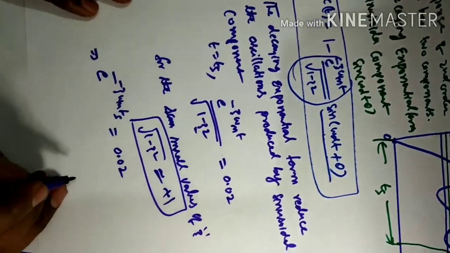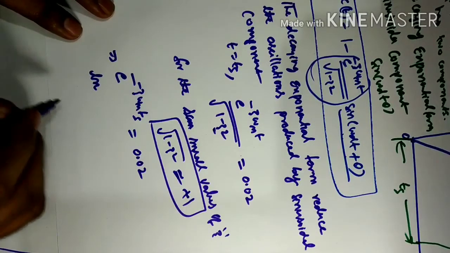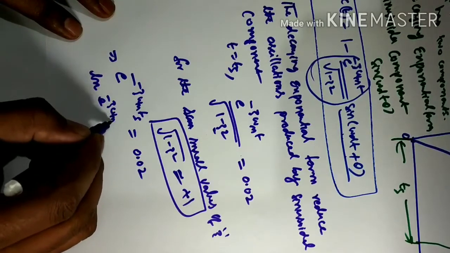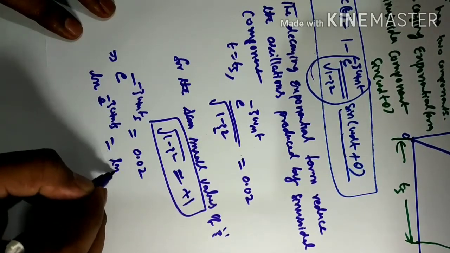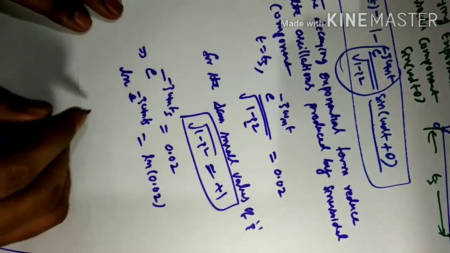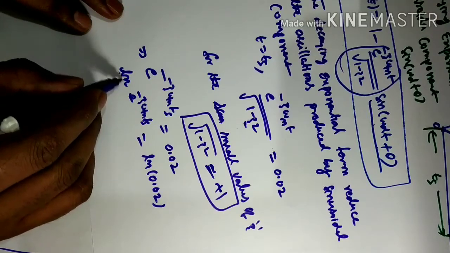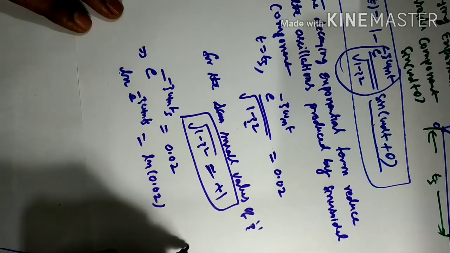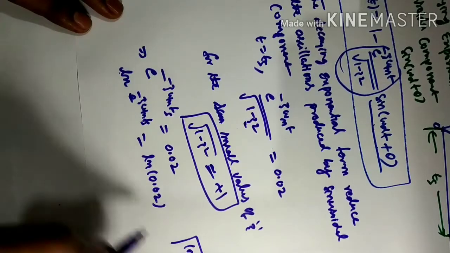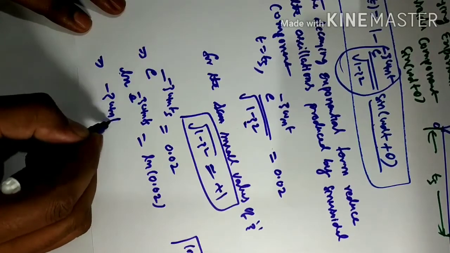Apply ln, the natural logarithm, on both sides. So what you get? Minus zeta omega n ts equals ln 0.02. You know that ln e is 1, so you get only minus zeta omega n ts.